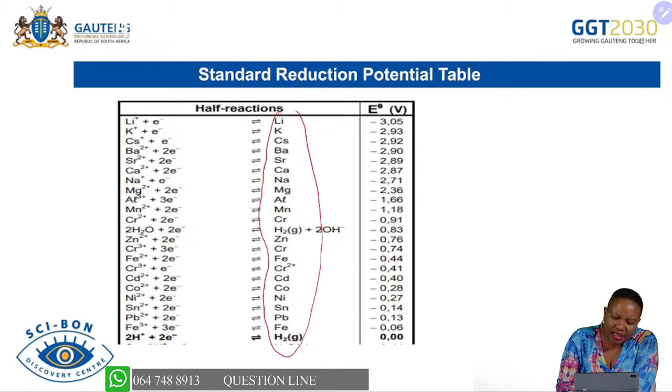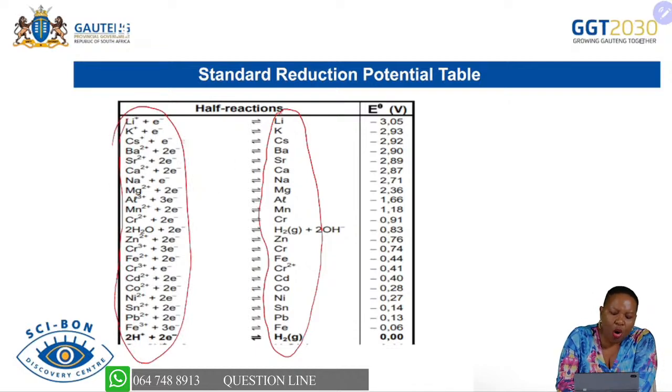The one side is separated with a double arrow. Now, all that you read from this side are your oxidizing agents. Why am I saying they are the oxidizing agents? You will see that everything on this side is gaining electrons, and what you see on this side is your reducing agent.